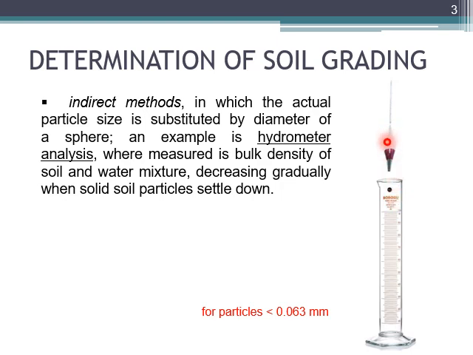When the hydrometer is entering this mixture, it is measuring the bulk density of this mixture, and this bulk density will be decreasing with time while the solid particles are sedimenting in this solution.